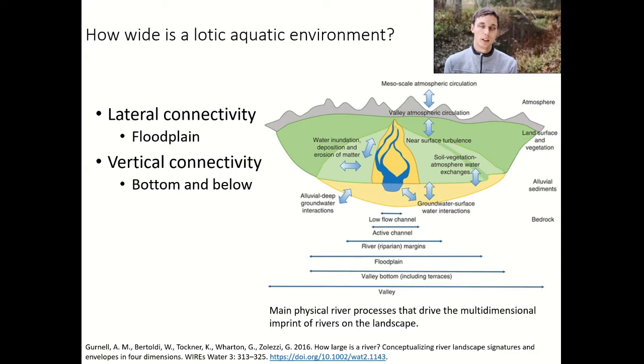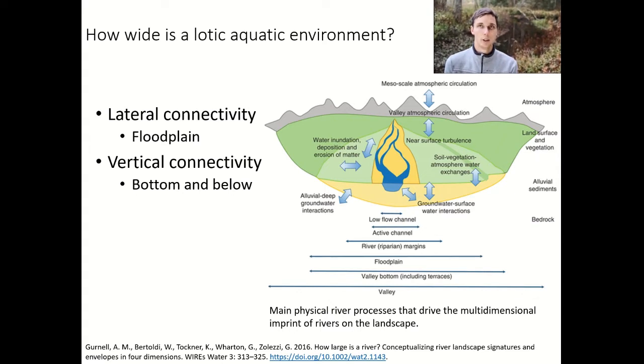Hydrologically, we could say that the river is wider than the channel where the water is flowing. Water level is dynamic and also impacts groundwater movements. Lateral connectivity means how water impacts the habitats to the side of the river, for example flooded floodplains.